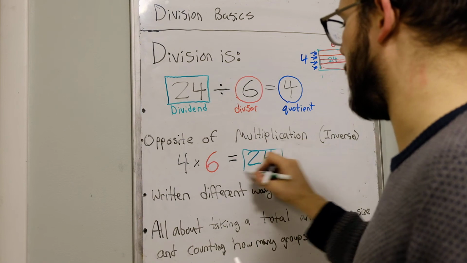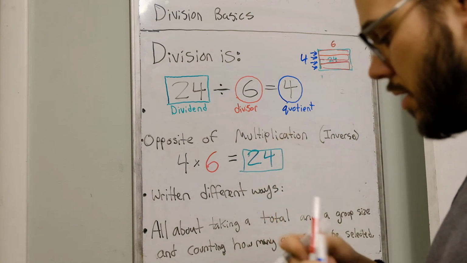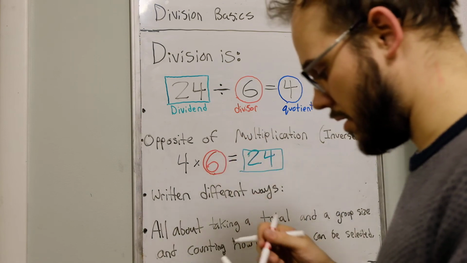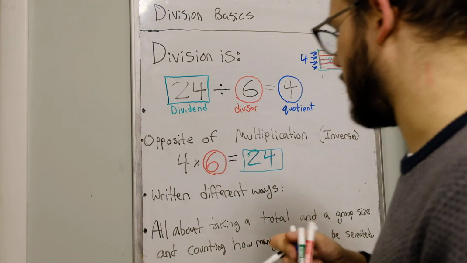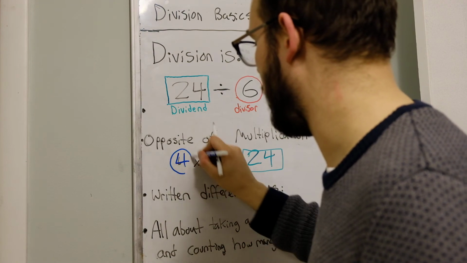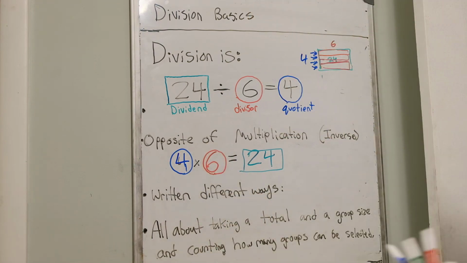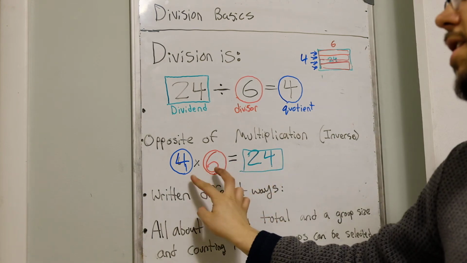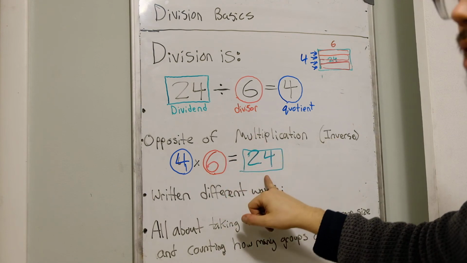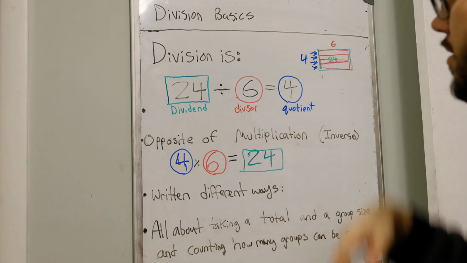So our total is 24, we call this the product, and in this case our 2 factors are 6 and, for consistency, 4. So you see how in multiplication the 2 factors are on equal footing, the 4 and the 6. They work together to build a product, which is 24.